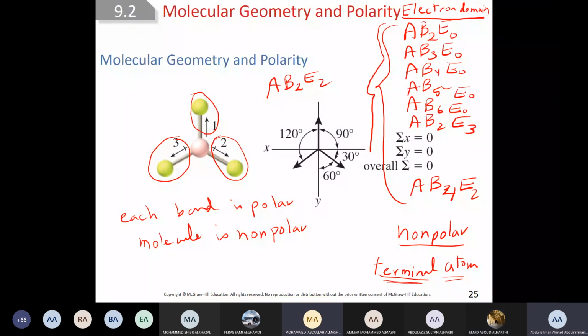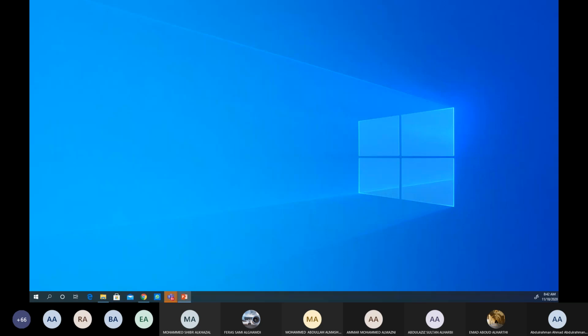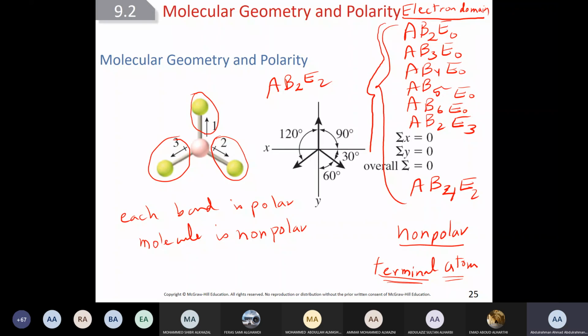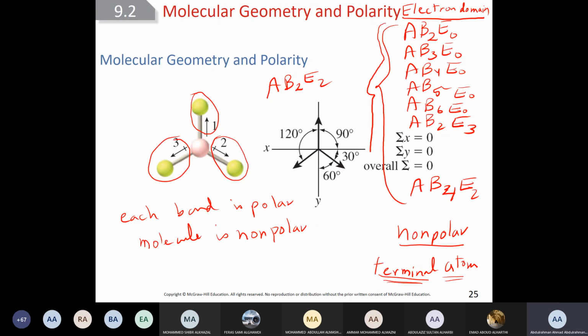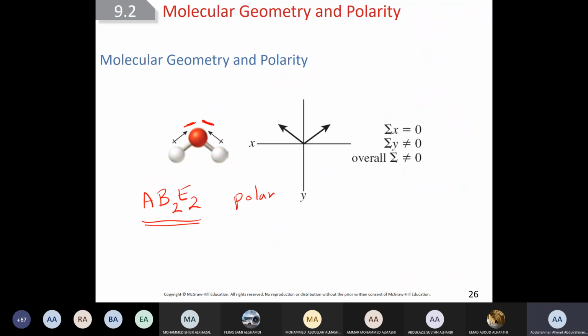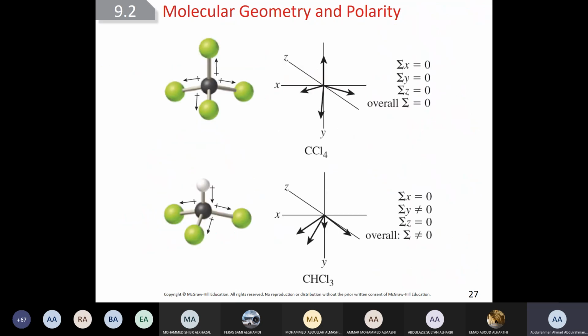No. So it is actually a polar molecule. Good.